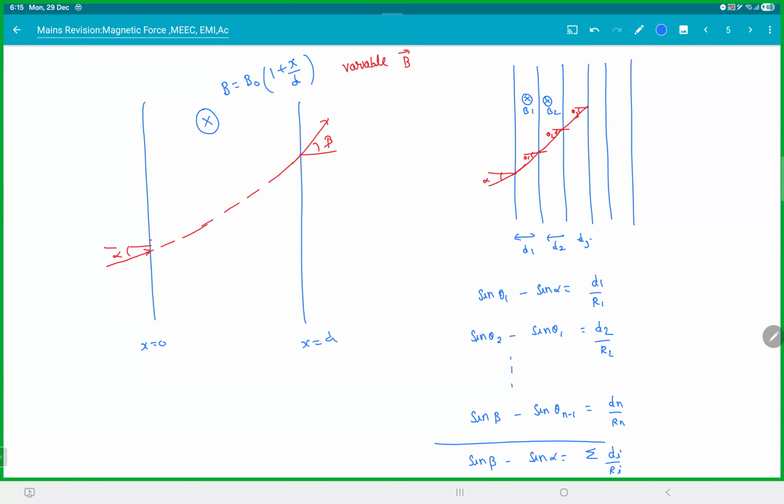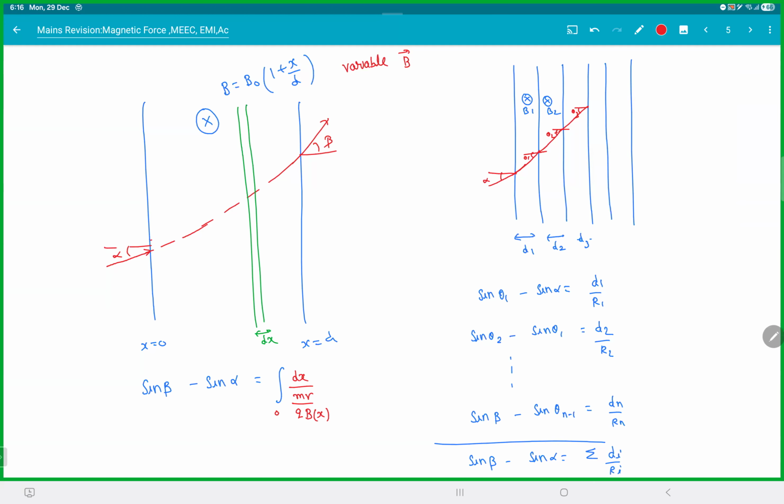Now, if you take dx sections, then your formula will become sine beta minus sine alpha, sigma becomes integral. The d becomes the thickness. So here you will take such a small thickness, dx. So d will become dx, and the radius will become mv by qB, magnetic field at that x.